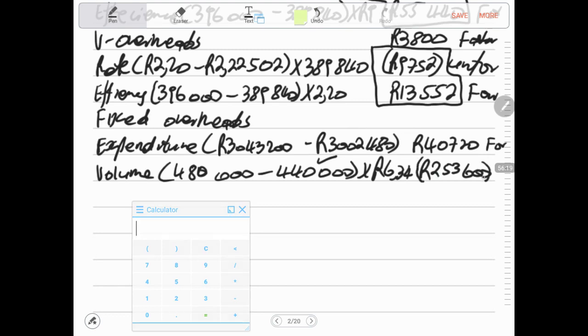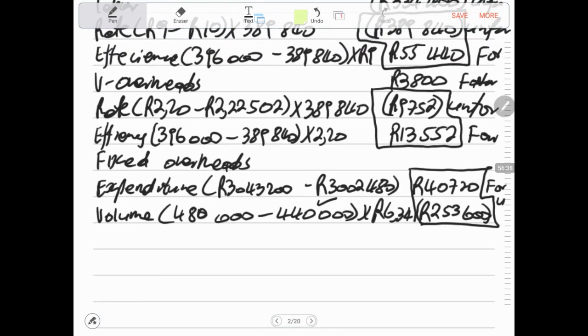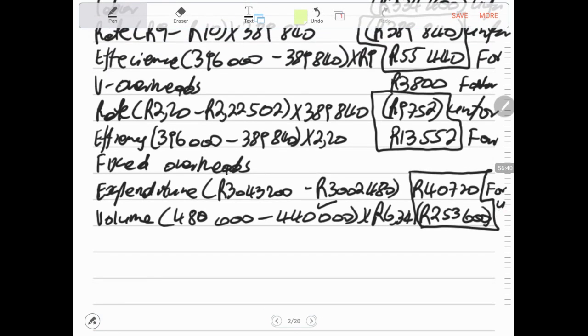Then we strike the net of the two variances, and if you want you can just say actual minus budgeted, it doesn't matter as long as you know either the variance is unfavorable or favorable. This one will be unfavorable.